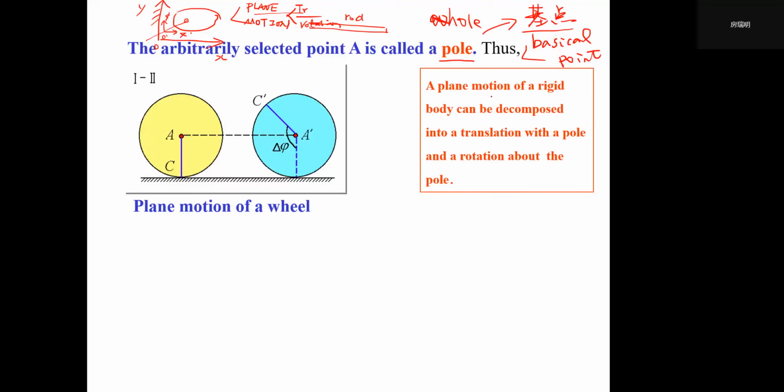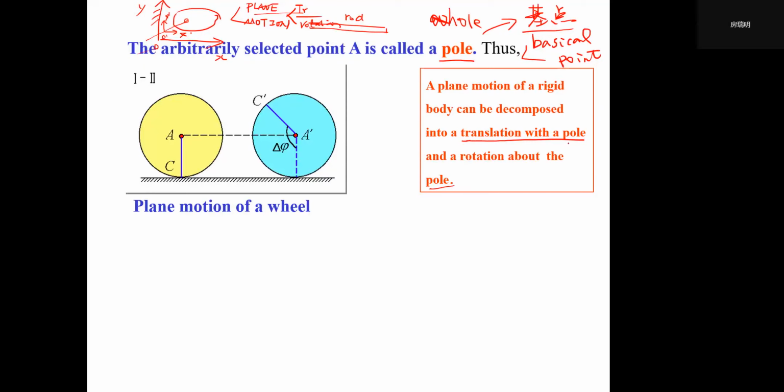So a plane motion of a rigid body can be decomposed into a translation with the pole, so think about what I have told you guys from here, and the rotation about a pole.